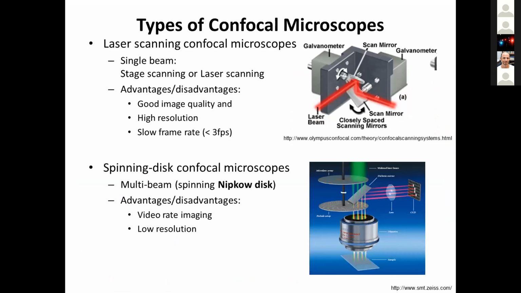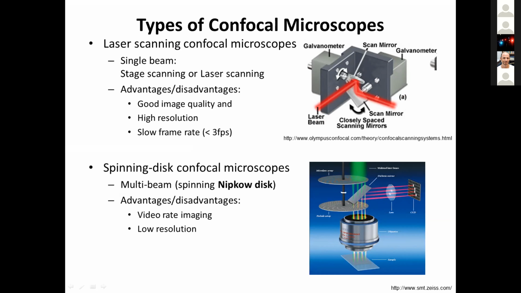As for the scanners, we have basically two sets that I will discuss. One is scanning a single beam, or scanning a multi-beam. For scanning a single beam, as I said before, we have two mirrors which move independently. One will move the beam horizontally and the other will move the beam vertically. This allows us to do the raster scan across the image.